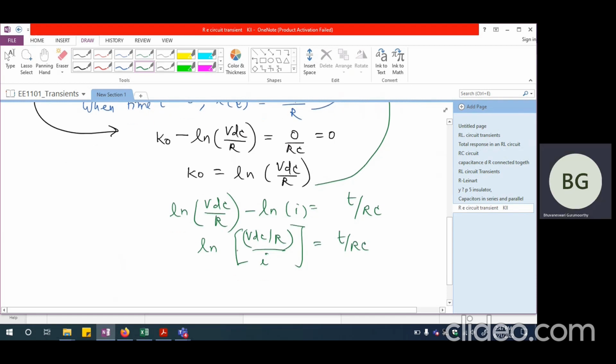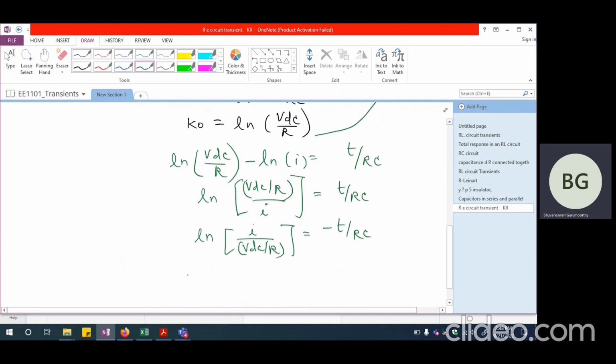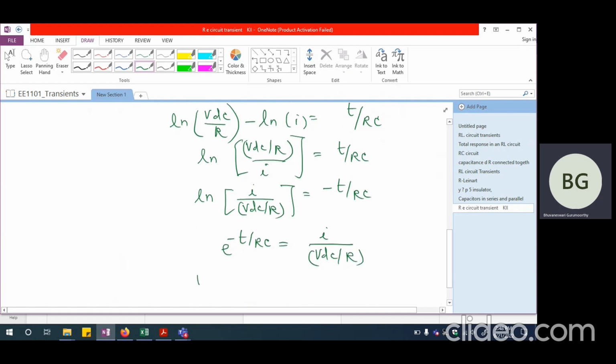If I inverse this, I can write ln of I divided by VDC by R equal to minus T by RC, from which I can write e power minus T by RC equal to I divided by VDC by R.